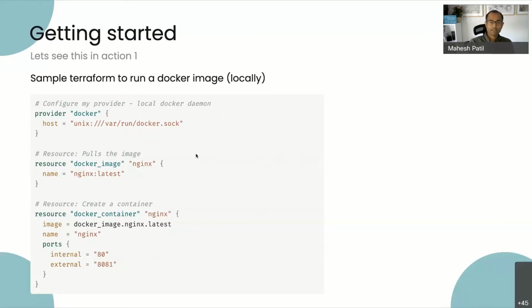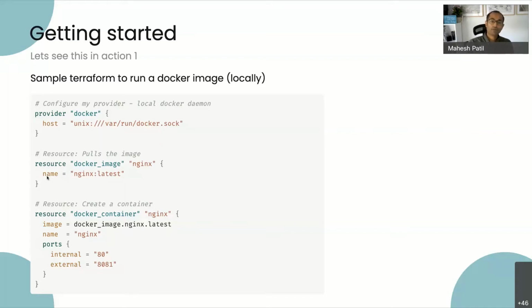So in my example that I'm going to show shortly, I am actually using the Docker provider to create a Docker instance or Docker container on my machine using Terraform. So the first thing here I need to define is the provider itself. So I'm using the Docker provider, which is then pointing to my local Unix socket, the Docker socket, which is going to be used to execute instructions against my Docker daemon that's running on my local machine.